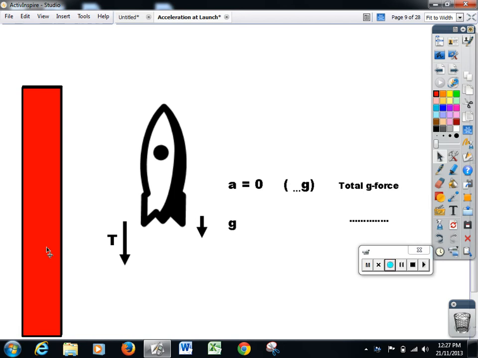And on the surface of the Earth, where it's just seated here, we have a full fuel tank. And the gases are going to spew out the back at that force there, at T. If they spew out at that force there, they are going to cause the rocket to go this way at thrust.